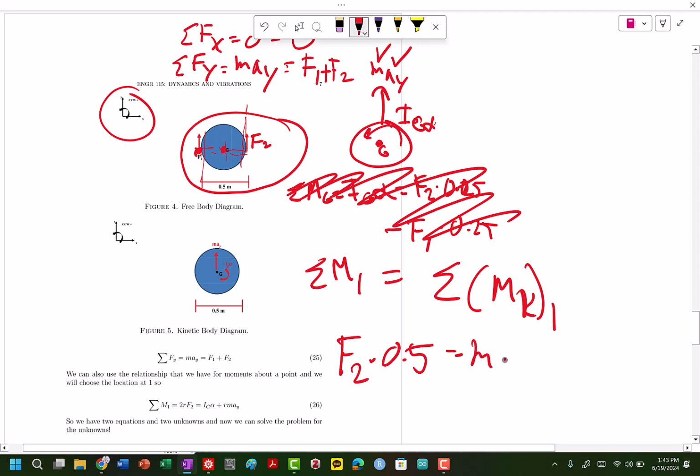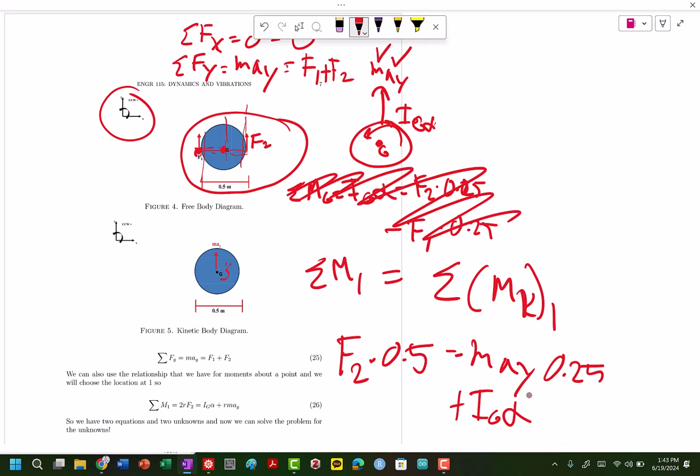One will be mass times acceleration in y, and the distance between these two is 0.25. And we also have IG times alpha. That's the critical aspect here. Those are the kinetic moments that emerge from this system.